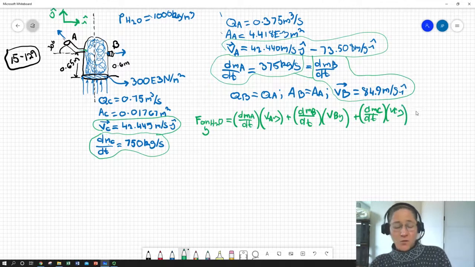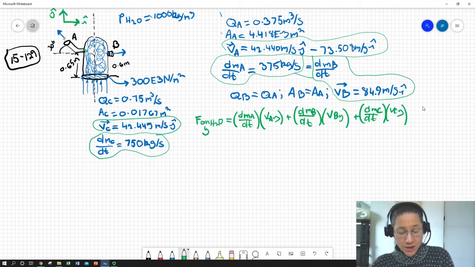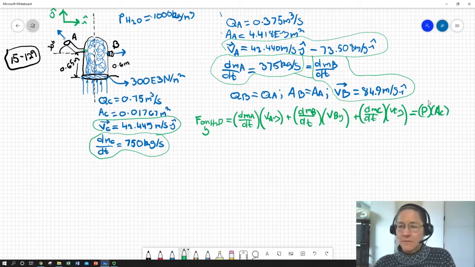And in the case of the y direction, we're also going to have the effect of pressure times the area at C, which is going to end up being 21.2 kilonewtons in the J hat.